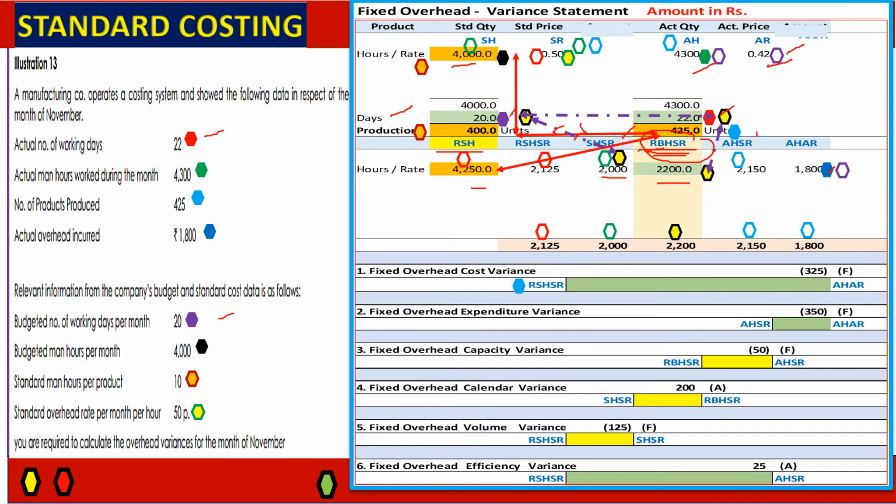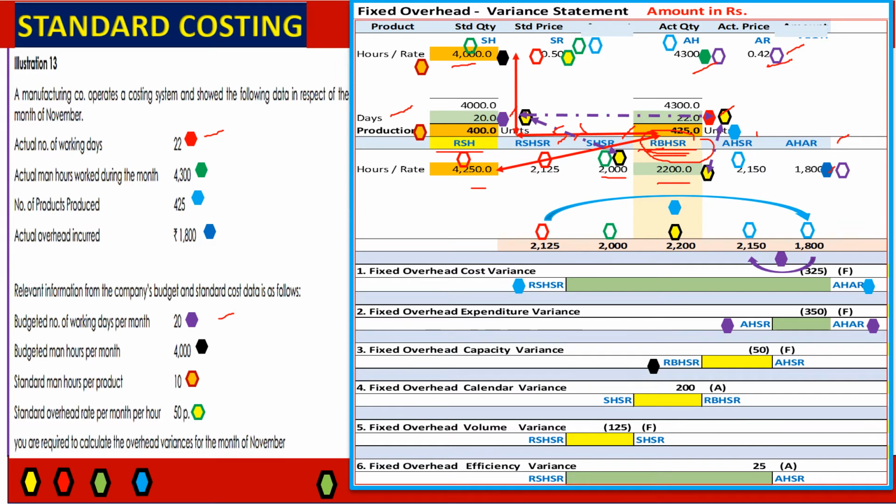Fixed overhead cost overruns, overall RSHSR and AHAR, which is nothing but RSHSR, AHAR. This is indicated by the curve, and the total difference is 1800 minus 2125, 325. Second is fixed overhead expenditure variance, AHAR minus AHSR, that is AHSR to AHAR, 1800 minus 2150, 350 minus, expense favorable.